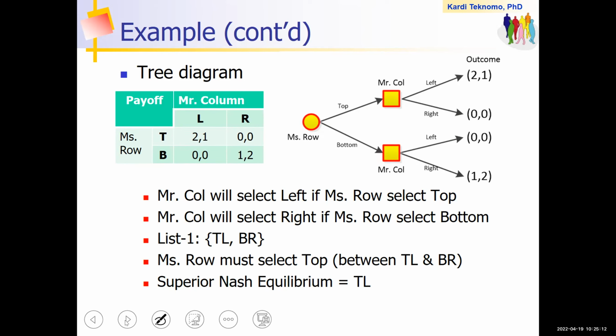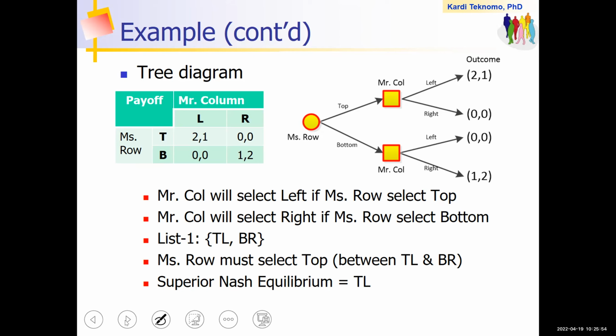Now remember, this is Miss Row playing first. Now, what will Mr. Column select? If Miss Row plays top, what will Mr. Column select?